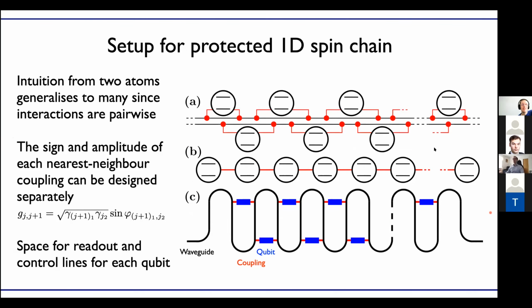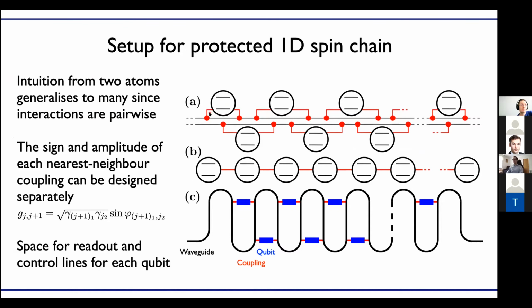So, yeah, I showed now the case for two atoms and two coupling points. And we show then in this PRL that once you understand how it works with two atoms and two coupling points, you can take that intuition and generalize it to many atoms. All interactions are still pairwise, so you just need to look at two atoms at a time.